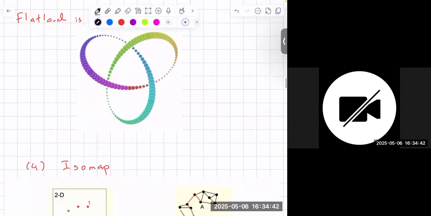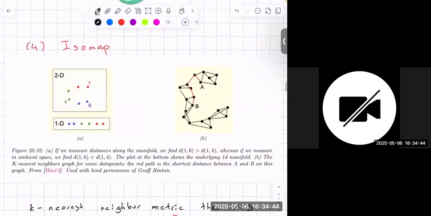So the first idea we talked about is this k nearest neighbor graph. You pick your data and a k you like, then you draw the k nearest neighbor graph, and that gives you a notion of distance. To go from this dot to that dot, you have to go through the graph and find the shortest path. We can compute those shortest paths efficiently.